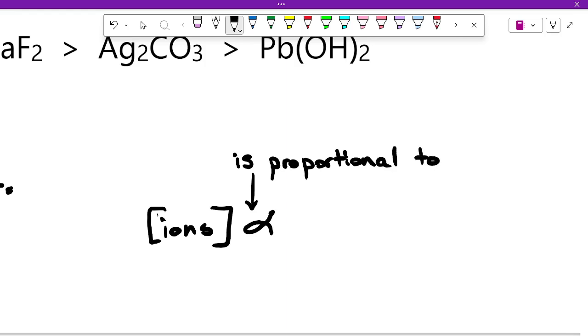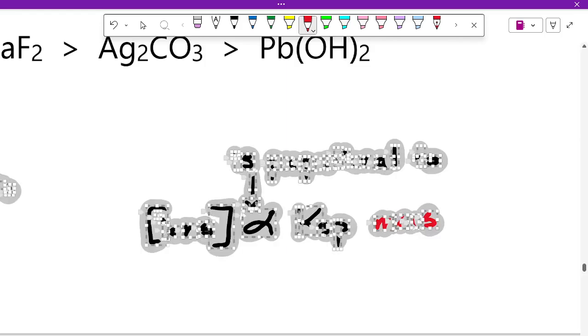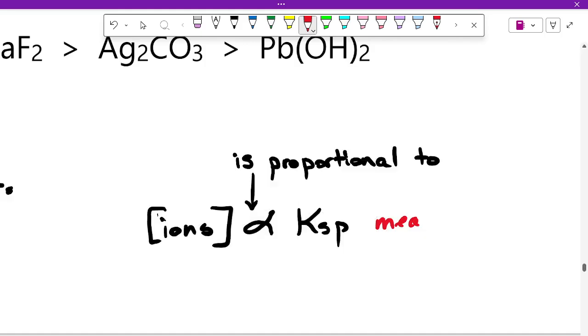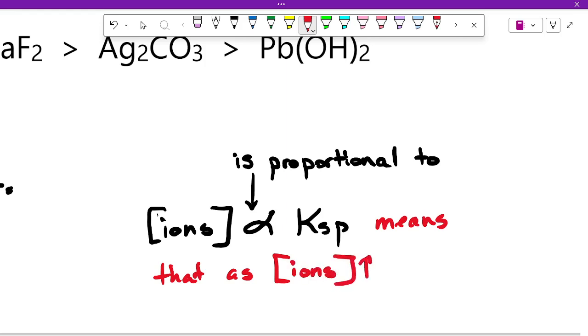That's a really handy little symbol because "is proportional to" is a lot of letters. Ions is proportional to KSP, that means as the concentration of ions increases, KSP increases.